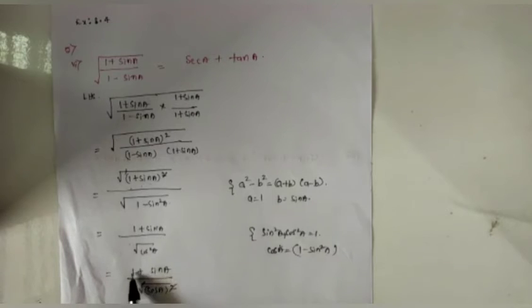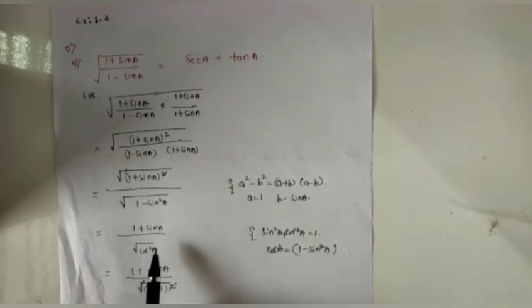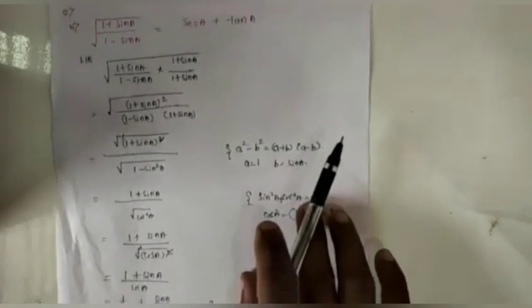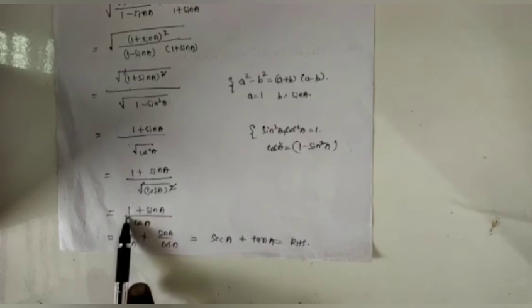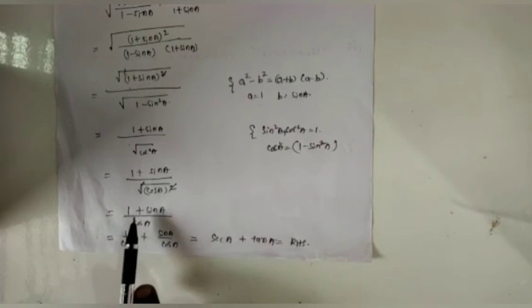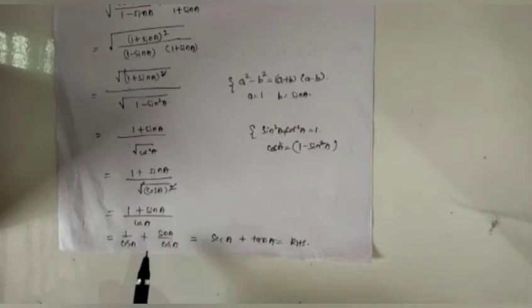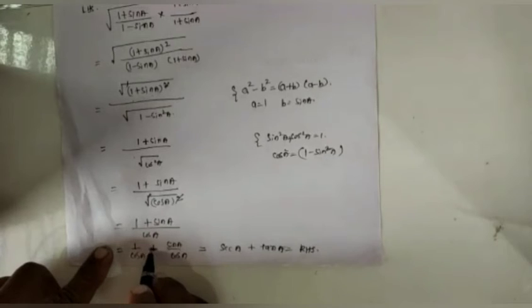Next we have 1 plus sine a divided by the square root of cos square a, which can be written as cos a whole square. Again the square root cancels, and the remaining is 1 plus sine a divided by cos a. Splitting it, we get 1 by cos a plus sin a by cos a.